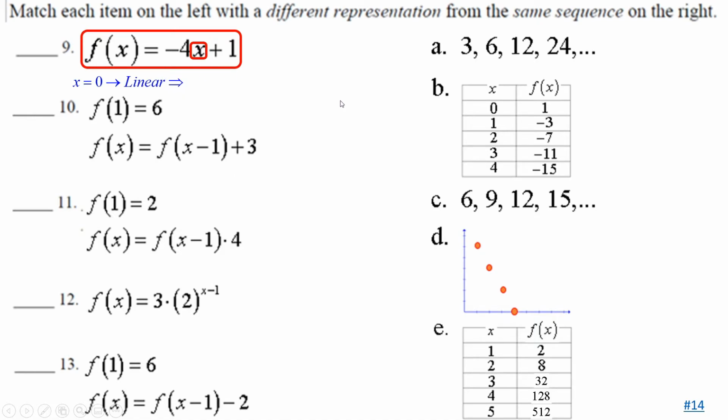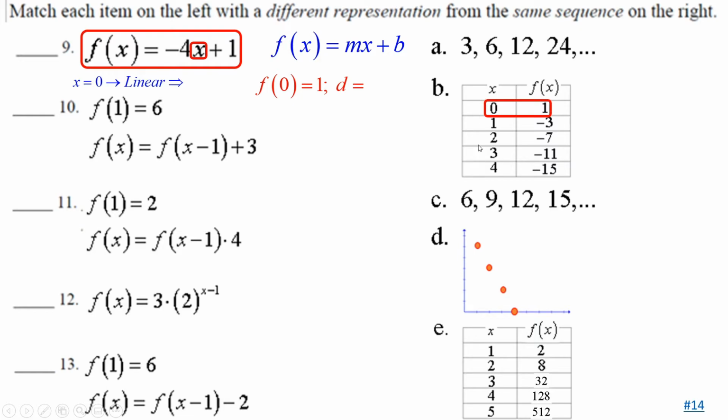I'm going to look at my models over here on the right for an initial x value of 0 with something linear. Well, mx plus b again. If x is 0, isn't negative 4 times 0 plus 1 going to give me a 1? So look at this table right here. f of 0 has to equal negative 4 times 0, which is 0, plus 1 is 1. And that is represented right there.